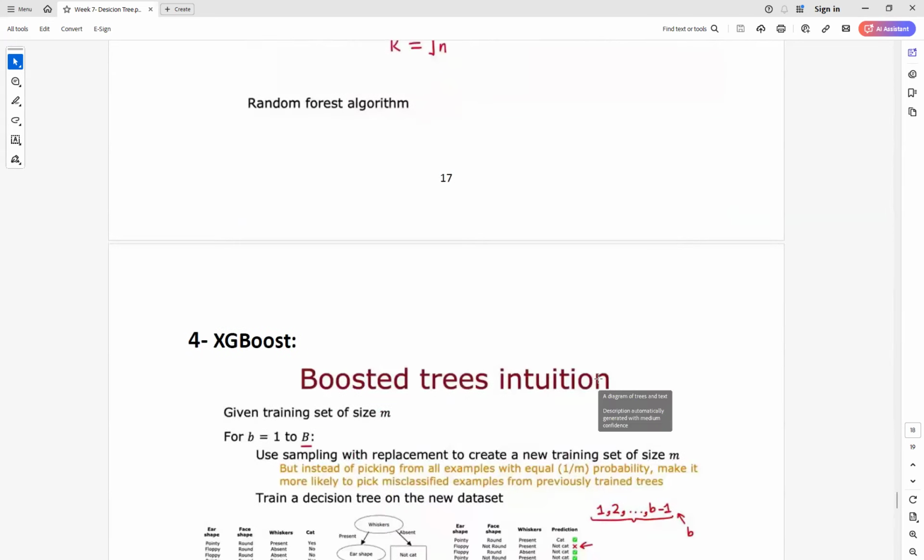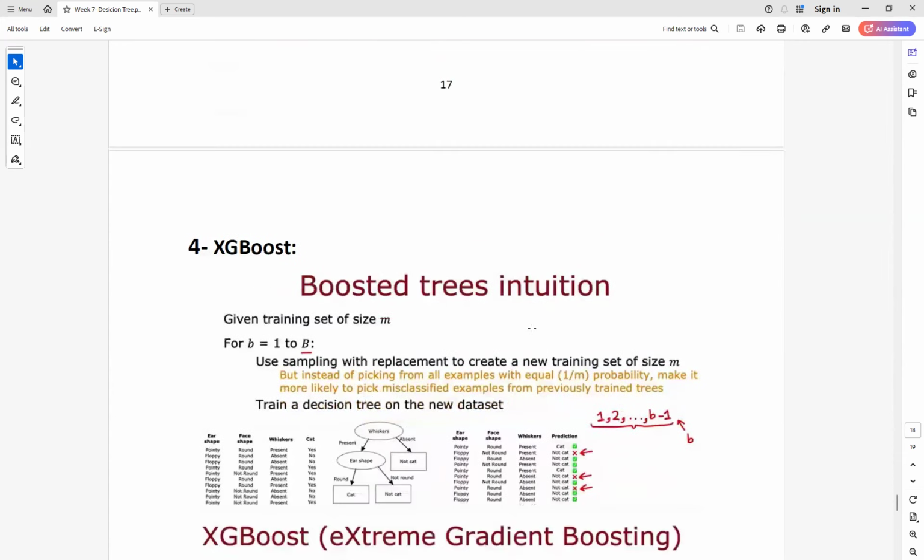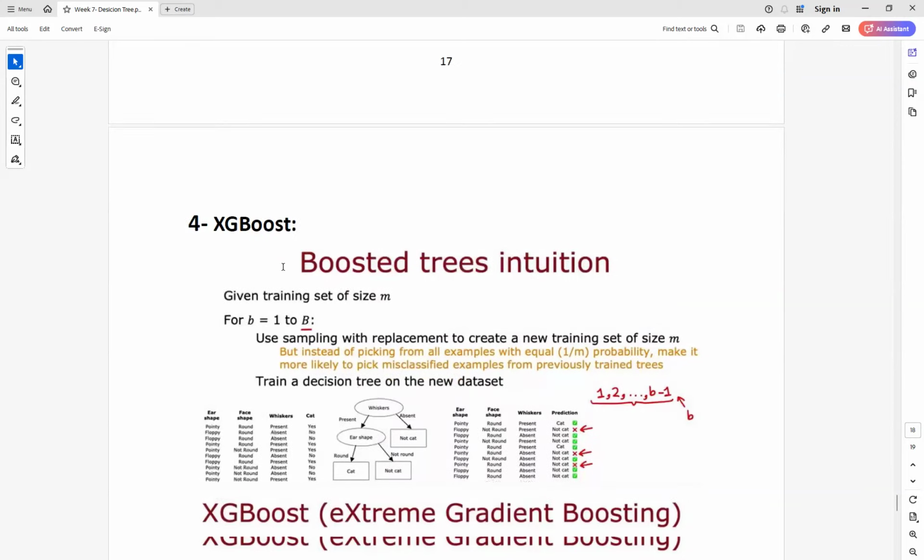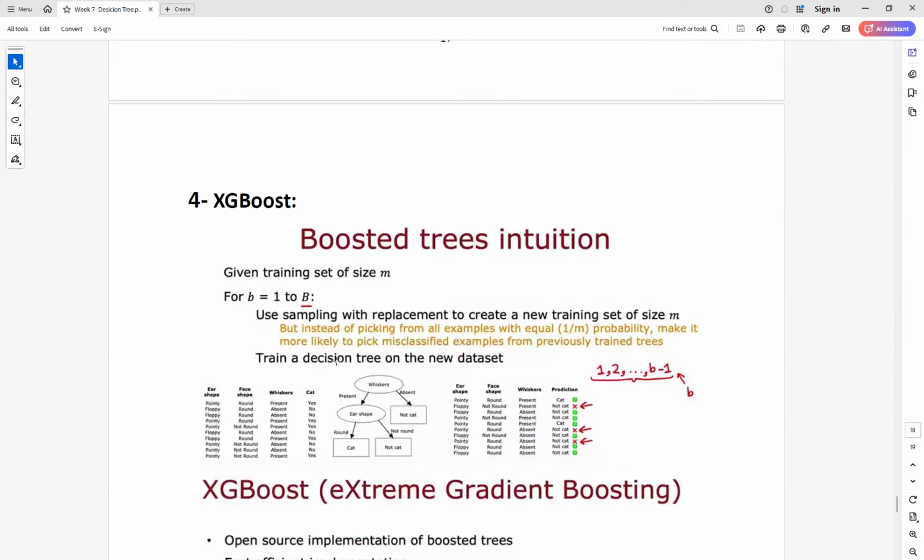The other one, the XGBoost classifier, is another tree ensemble, which is more efficient and faster compared to random forest and the other decision tree algorithms. The only difference between boosted tree, or XGBoost, and random forest, you remember this rule from random forest, right?